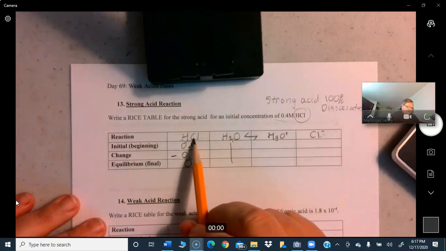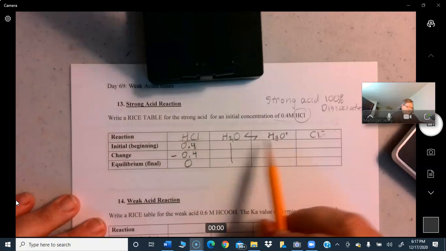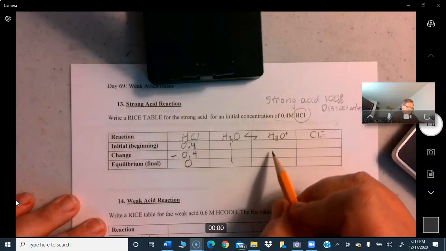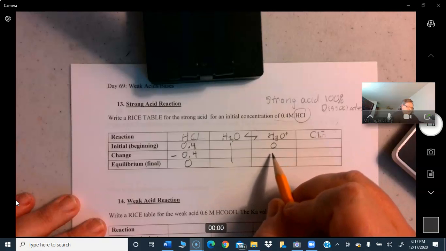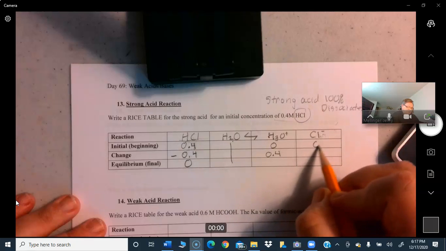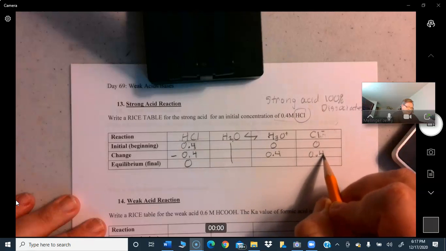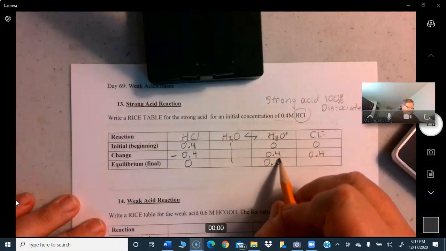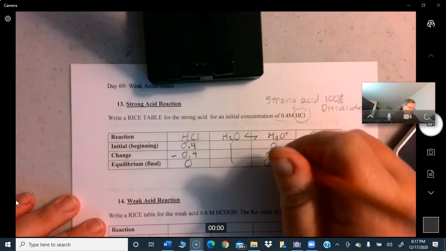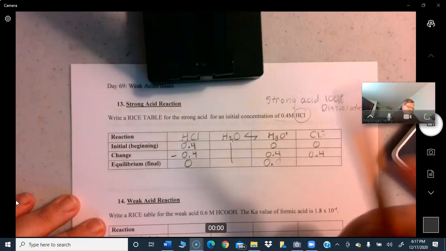When 0.4 molar of this breaks up, you start with 0 here. It's going to break up into 0.4 molar of this and 0.4 molar of the chloride ion. So you end up with 0.4 molar in the equilibrium.